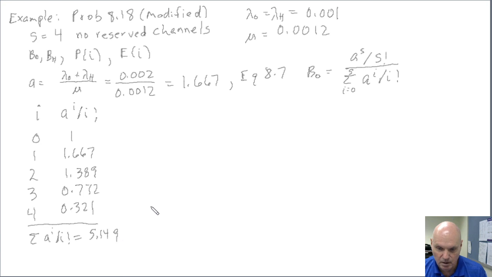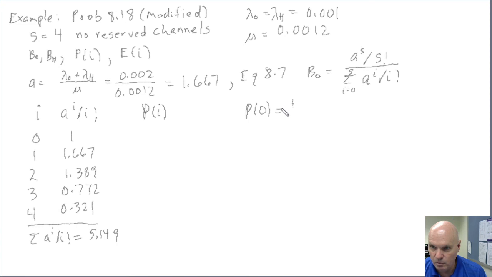That turns out to be 5.149. Okay. Let me make a table of the P I values. P0, looking back on the slides, is actually 1 over this value.